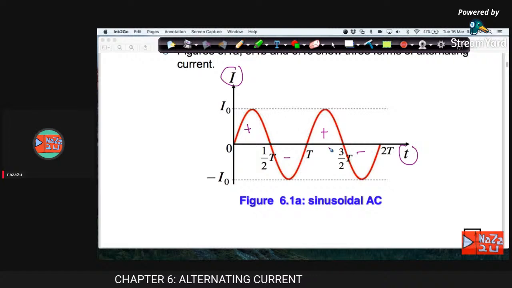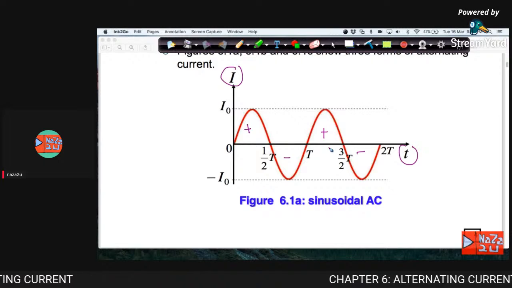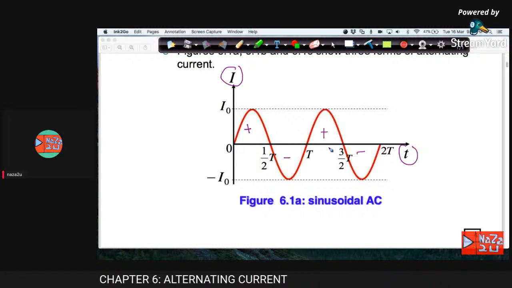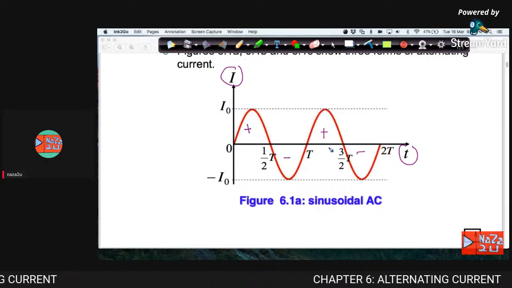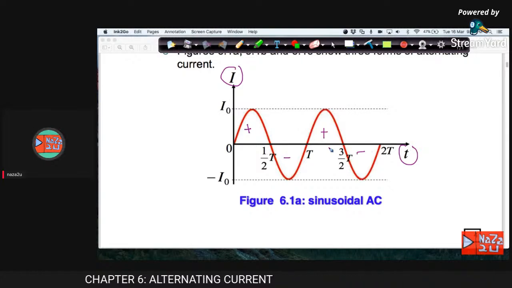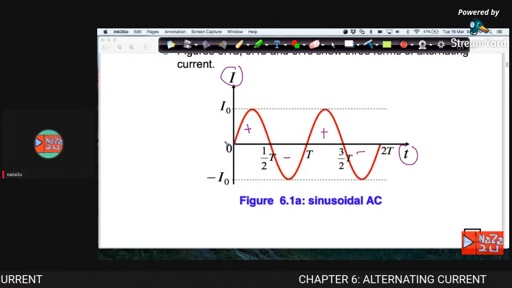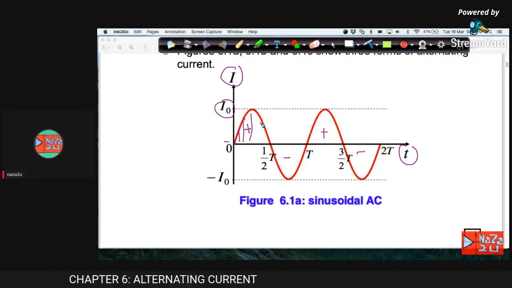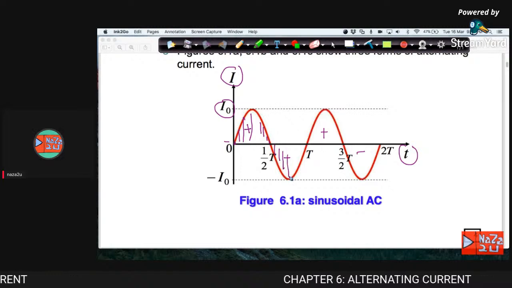Dia punya bahagian tu berubah-ubah. So jadi kalau kita tengok bahagian ini adalah bermula dengan kosong, lepas sudah current increase sampai this is a maximum current, and the next dia akan turun balik jadi kosong, and the next dia akan naik balik tapi pada arah bertentangan.